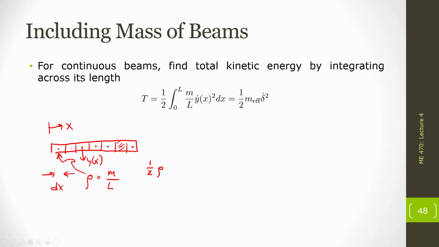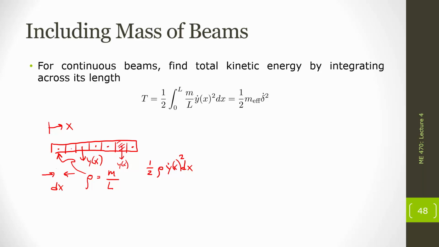So that rho dx is the mass of one little piece. And then I want to know the velocity of one little piece. Well, if I know that the position of this piece is also y of x, then its velocity is going to be y dot of x. And because it's going to be the velocity squared, I'm going to need to square that.